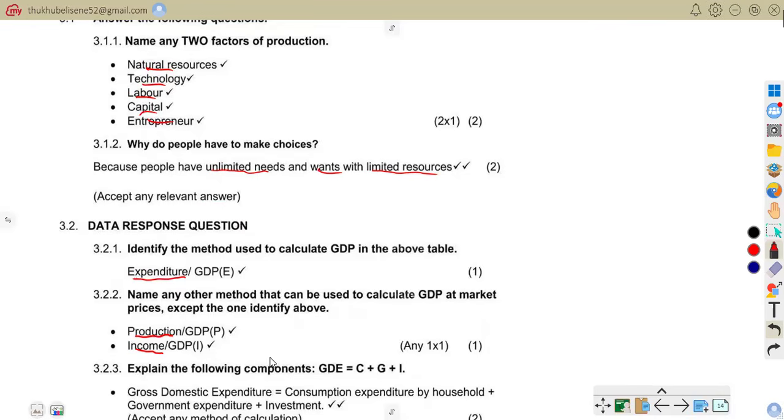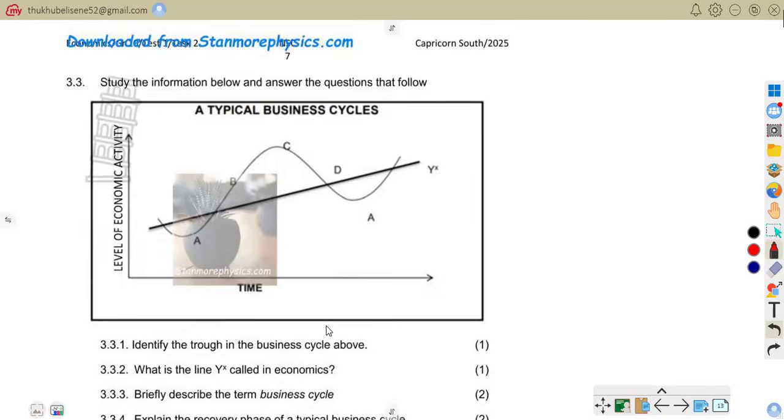The production method adds the value of goods and services produced, for example, value added at each stage of production. But the income method adds all incomes earned in production. For example, we can talk of wages plus rent plus profit.